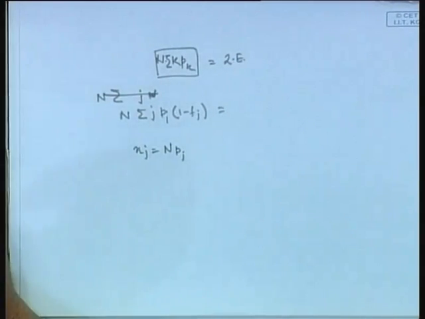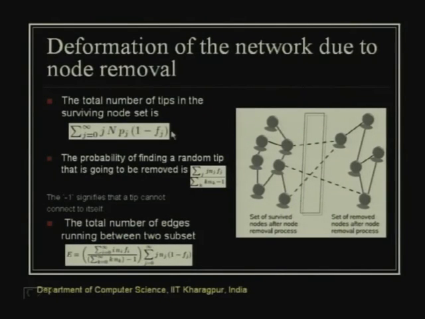Now, so the total number of edges. I again come to this: the probability that any tip I pick has its other end on this side is this much. I am picking up any tip and it has the other end on this side with this probability.